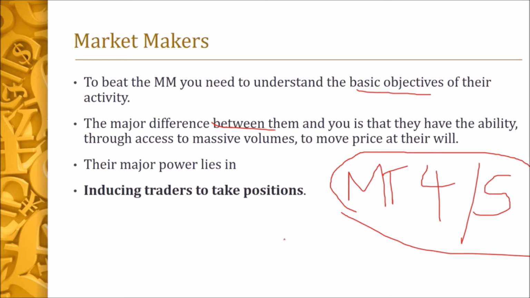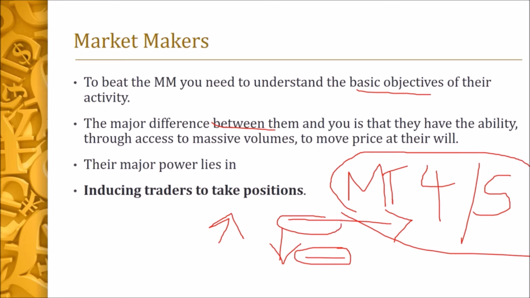These MetaTrader Manager softwares are only accessible by them because they are the only ones who have the licenses to access those kinds of softwares. On the MetaTrader Manager softwares, you are able to see how many positions are going long and how many positions are going short. You can also see a region where most stop losses are located, as well as a region where most take profits are located.